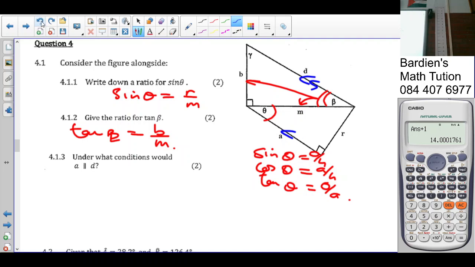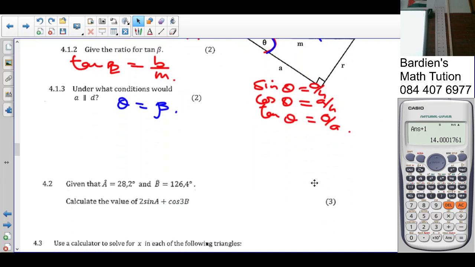So in order for those lines to be parallel, the alternate angles should be equal. So under what condition will that be parallel? If angle theta was equal to theta. That's the only time it will be parallel. If they asked you to give a reason, the reason would have been: the alternate angles are equal. But the reason wasn't asked for, so you don't need to state it.